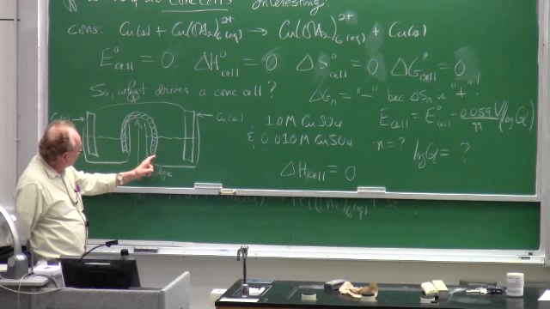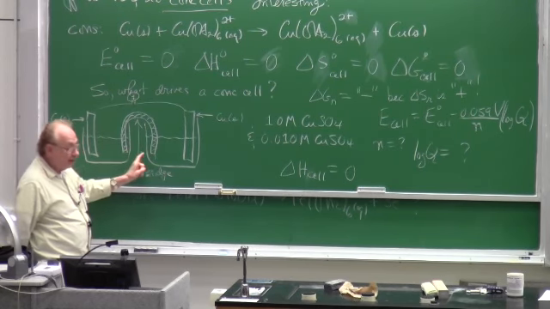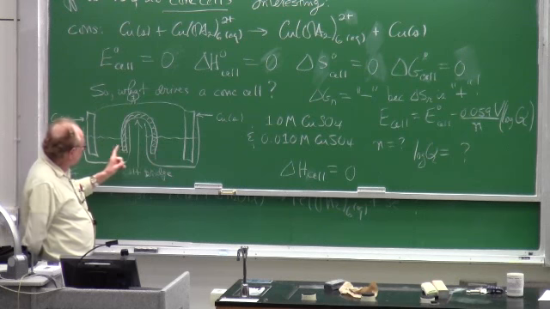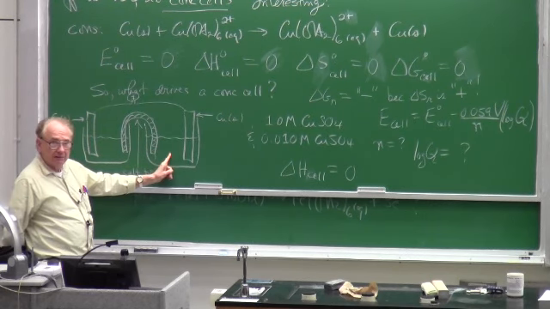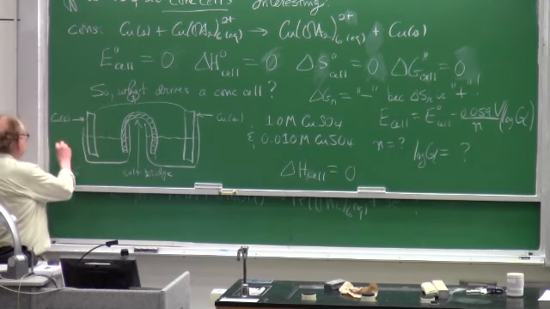I have 2 copper sulfate solutions, 1 molar and 100th molar. Now you know that from an artwork standpoint, it's standard practice in drawing a cell that the left cell be anode or cathode? Okay.